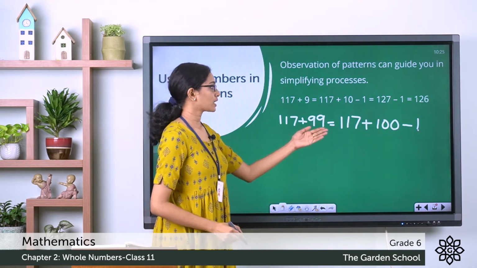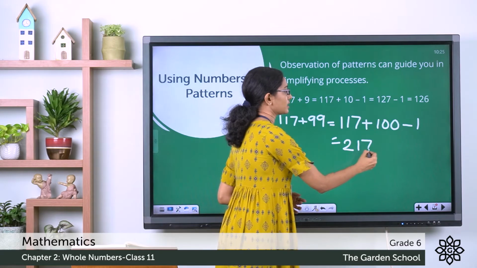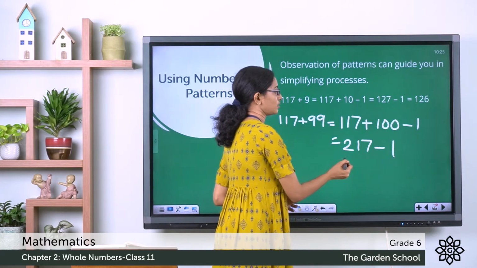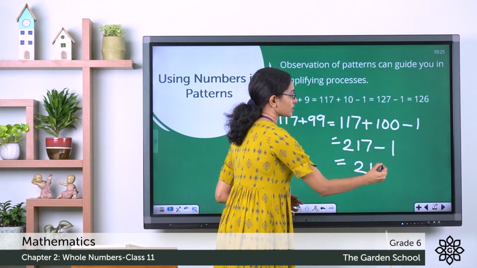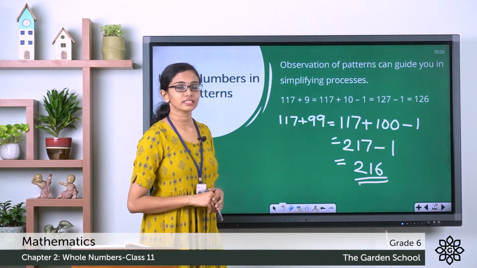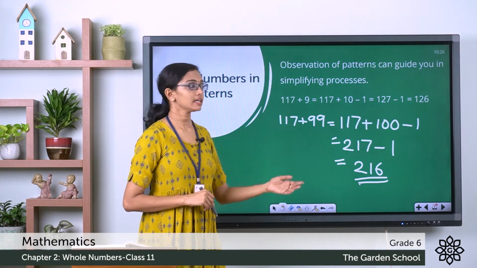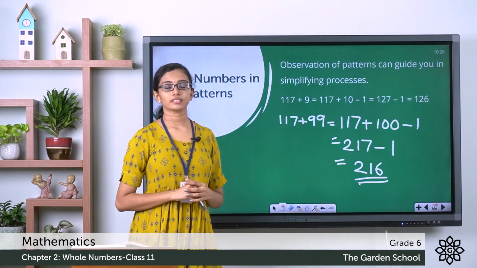What is it? 117 plus 100 is equal to 217. Then the minus 1 gives 216. You can add and check the answer. When you do 117 plus 99, the answer will be 216.